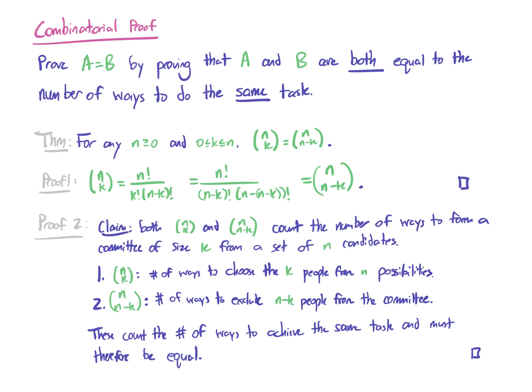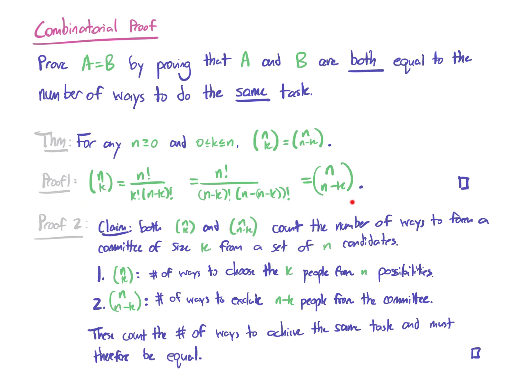I've shown that these two formulas are different ways to count the same object, the number of ways to perform the same task. Since they're both equal to that, they must be equal to each other, and I've proved my claim. This particular example is not that exciting because the algebraic proof is noticeably shorter and arguably easier.